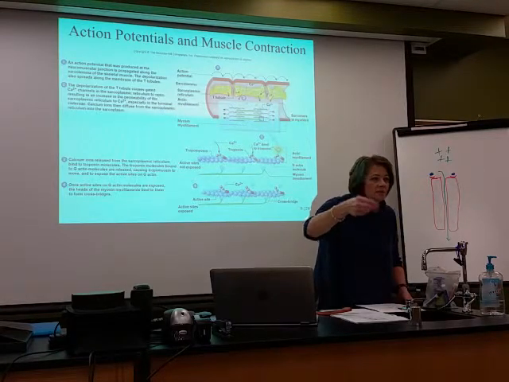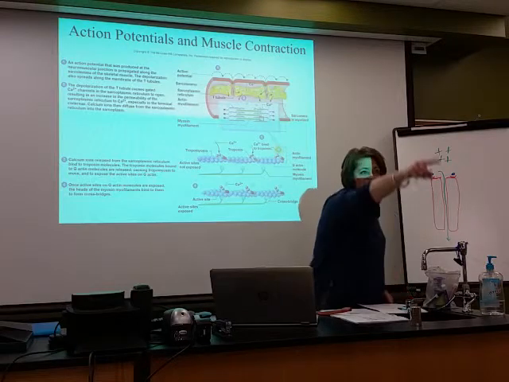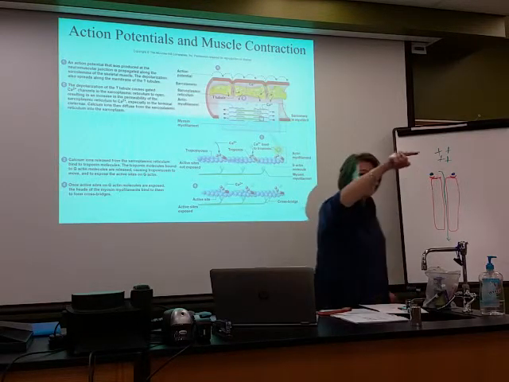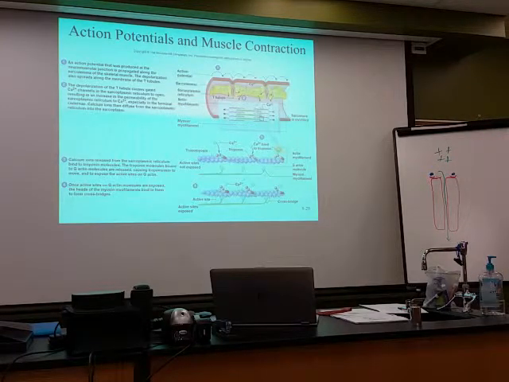What is it that that rope is covering? Active sites. So calcium now comes in, attaches to the troponin, shifts. When it shifts, it moves the tropomyosin, and if it moves the tropomyosin, what gets exposed? Active sites.